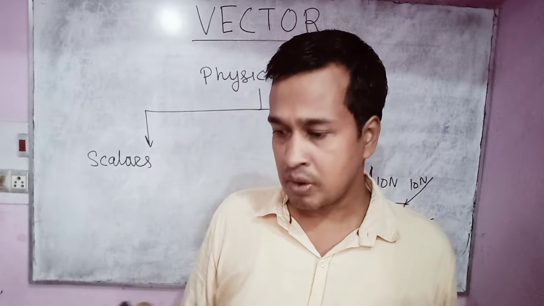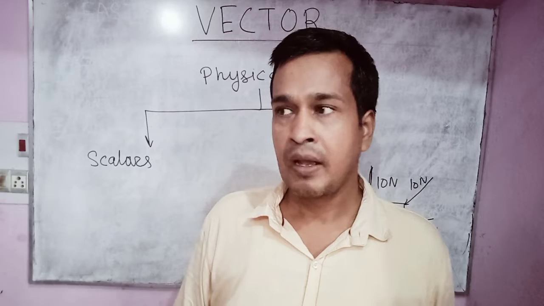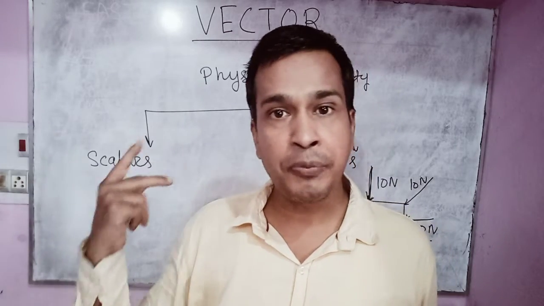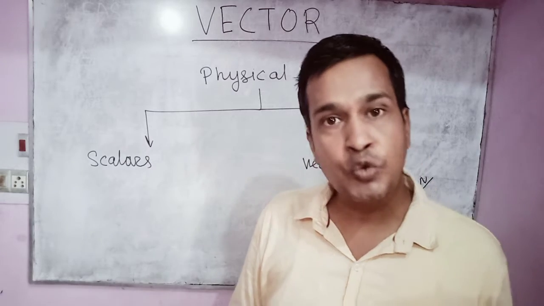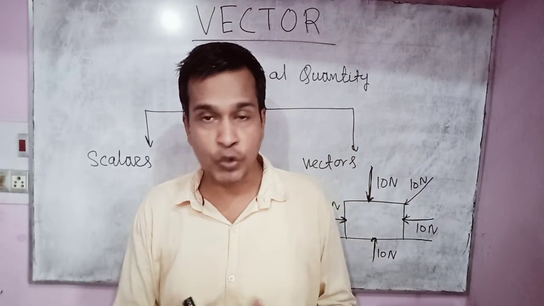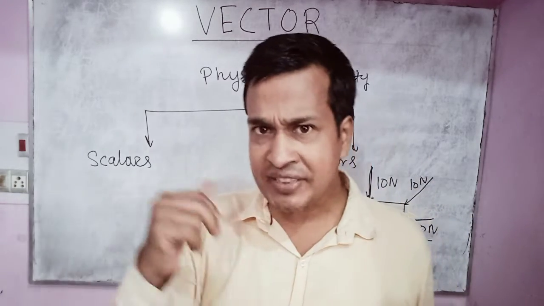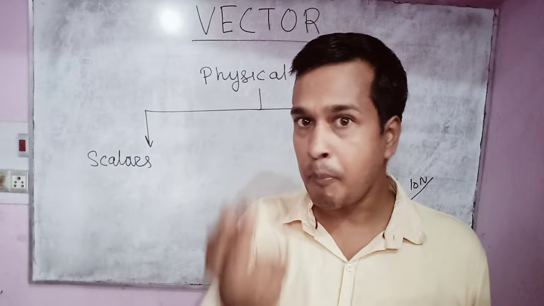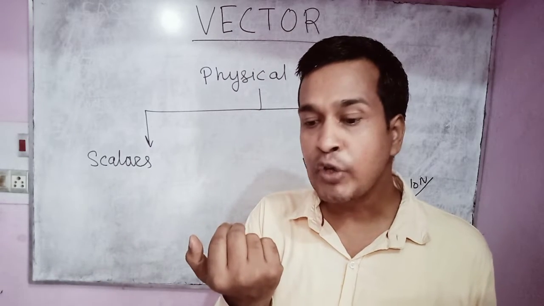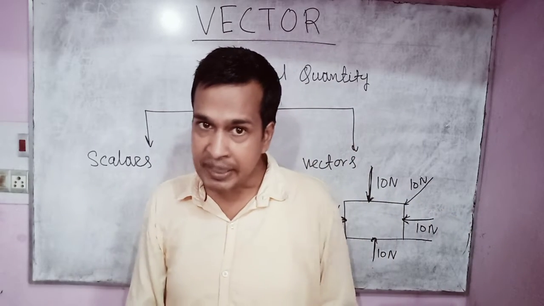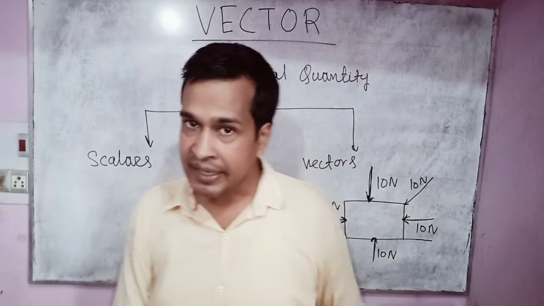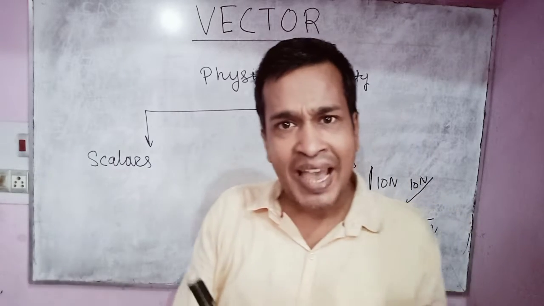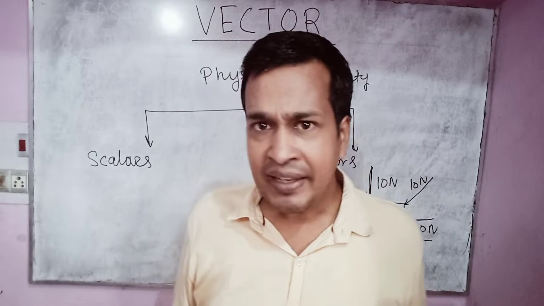I have to buy sugar, and I go to a shopkeeper and tell him, give me 2 kg of sugar. It means I want sugar which has mass of 2 kg. I do not say to the shopkeeper, give me 2 kg sugar in upward direction, in downward direction, in north direction, in south direction, because mass does not have any direction.